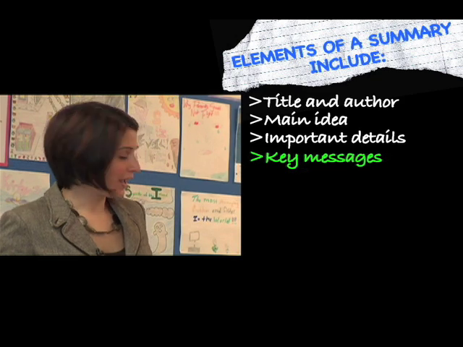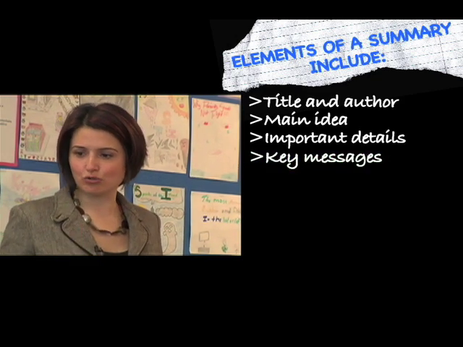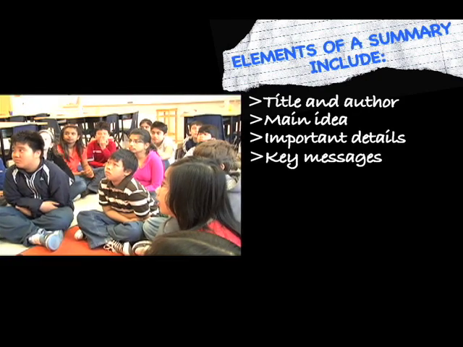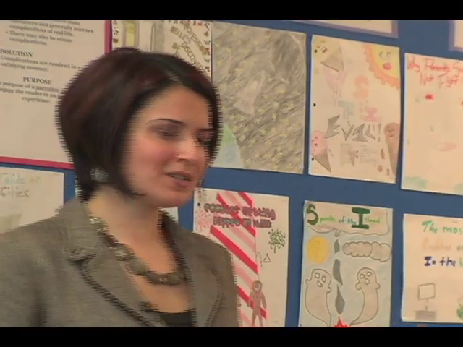Another thing we have to make sure we do is omit interesting details. Specific details do not belong in a summary. Omit interesting details. Now, as I read that, it sounds a little funny. If we omit interesting details, then that means that we can add maybe the boring things like brushing your teeth and having breakfast.